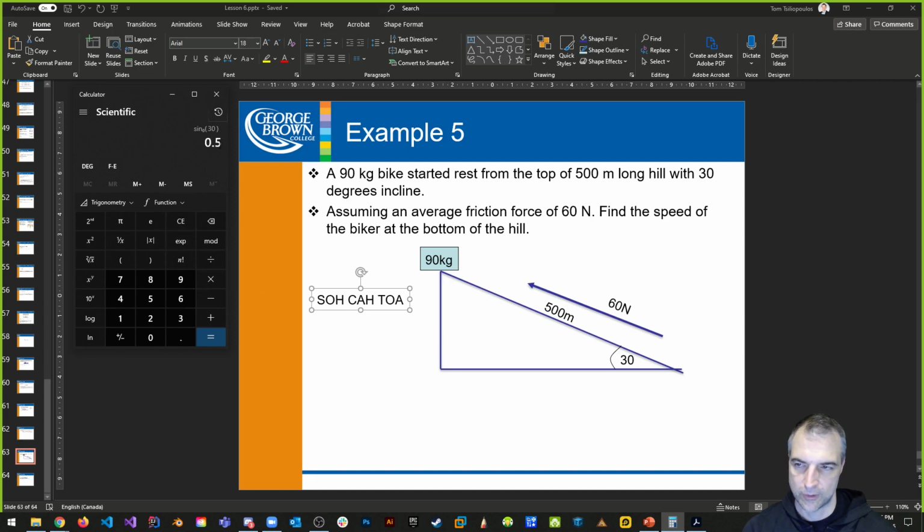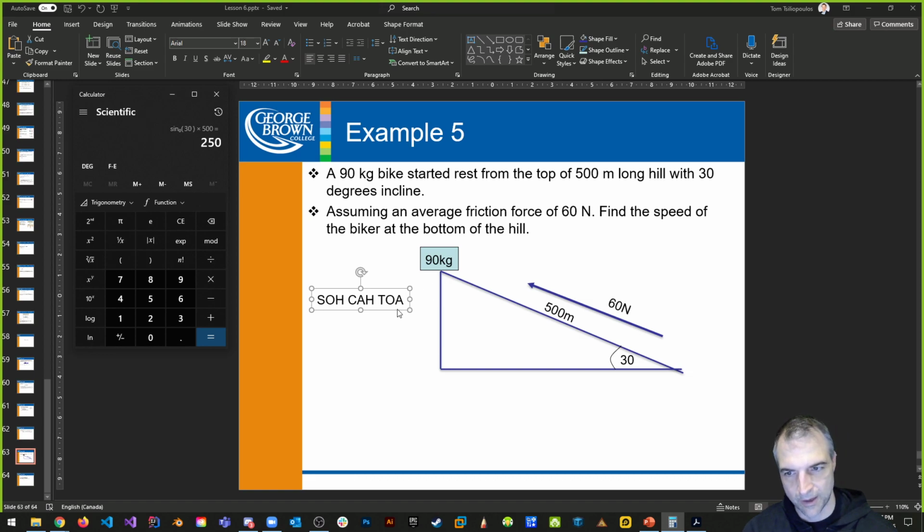So if I multiply both sides by the hypotenuse, I can say that it is equal to 0.5 times 500. Would that mean that my opposite is equal to 250?